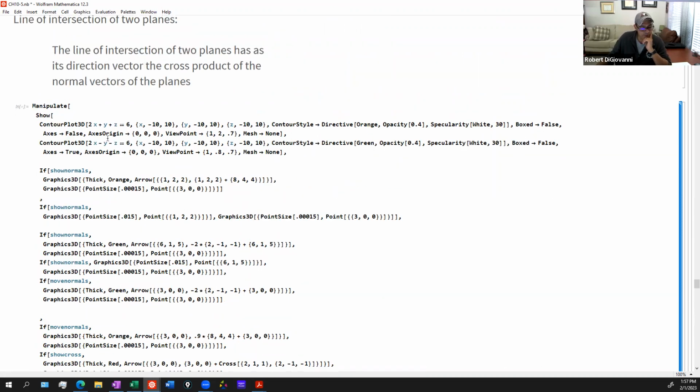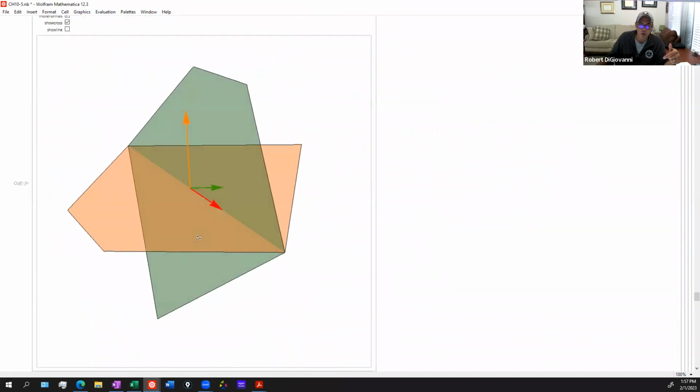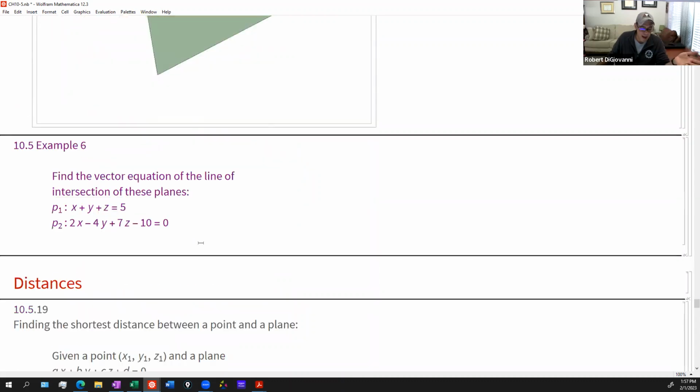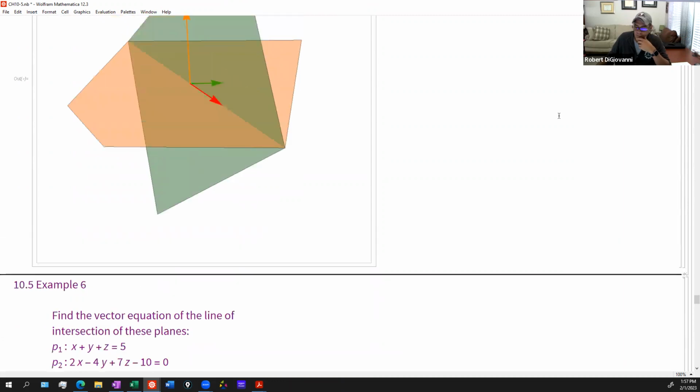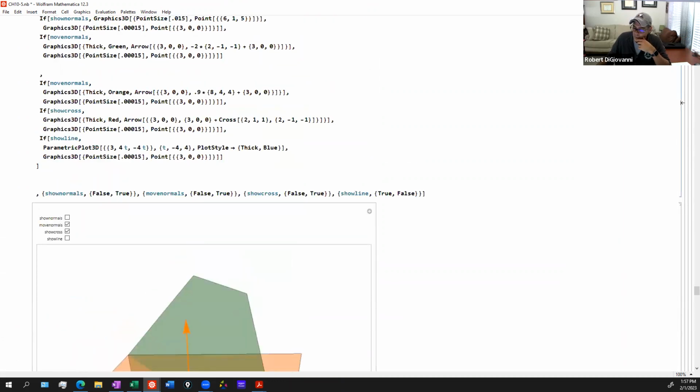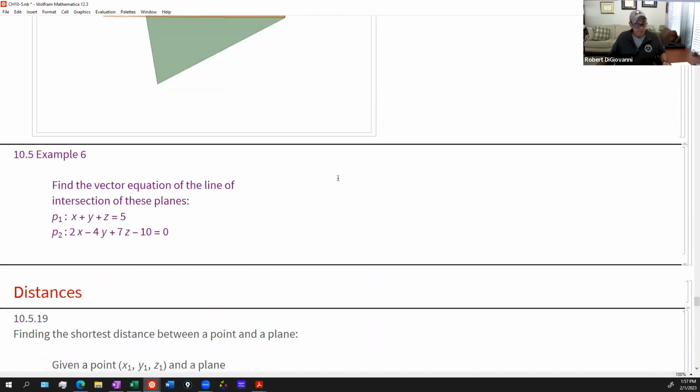Sorry, I used different planes. Never mind. I thought that this image was the same planes as the ones in the example, but they're not. So strike that.